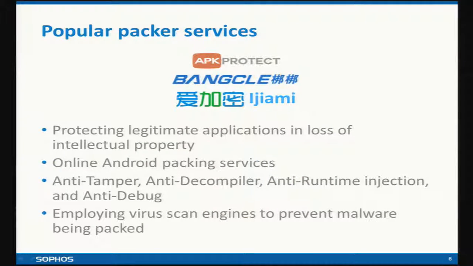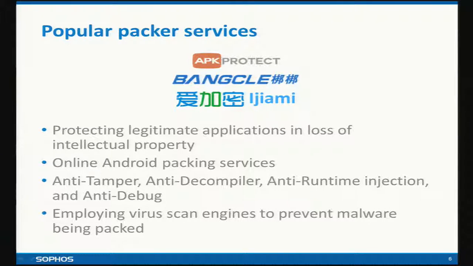Let me introduce some popular packing service providers: APK Protector, Bangcle, and ijiami. APK Protector claims they are the first company to provide protection for Android, while Bangcle and ijiami are both from China. All three packing service providers work perfectly for Android versions 2.1 to 4.3, because the binary file works very well since version 2.1.